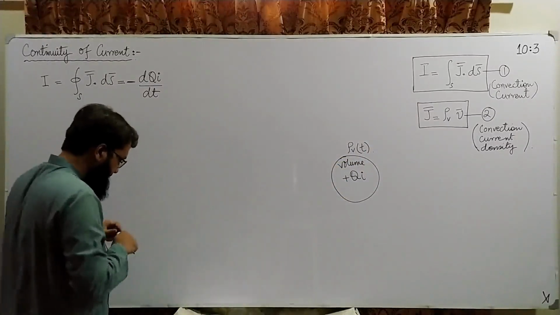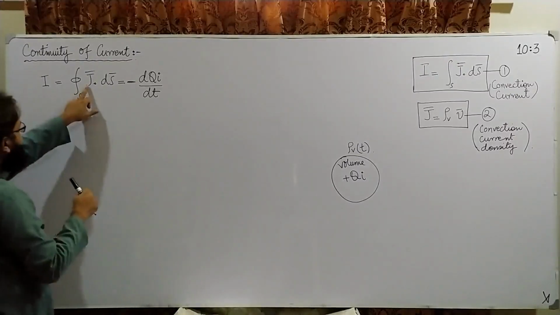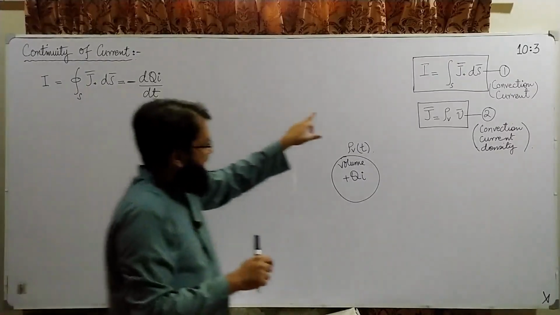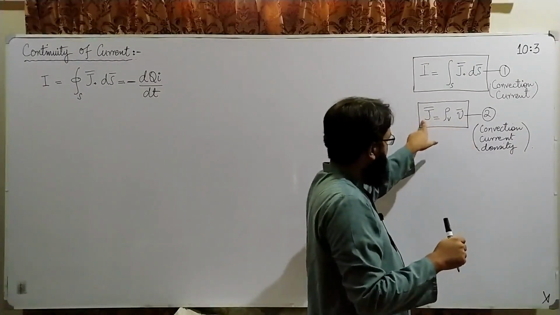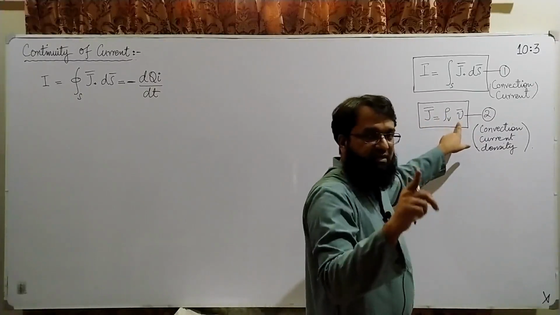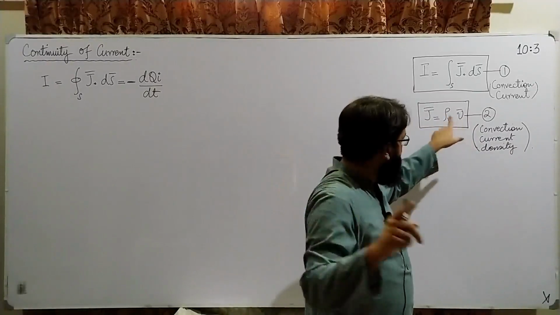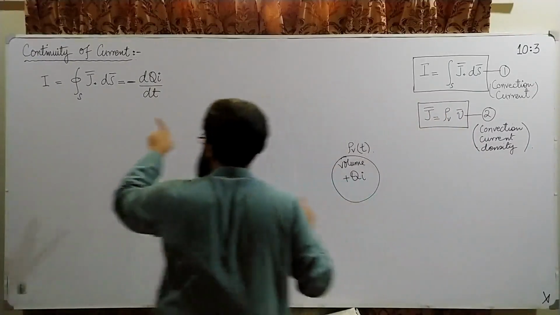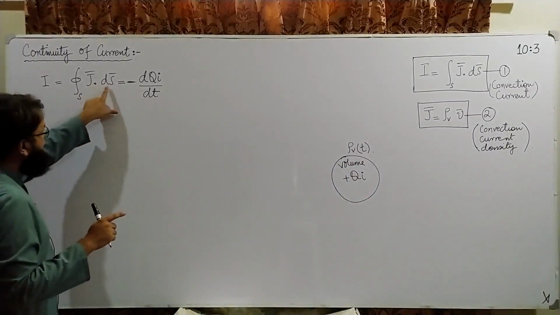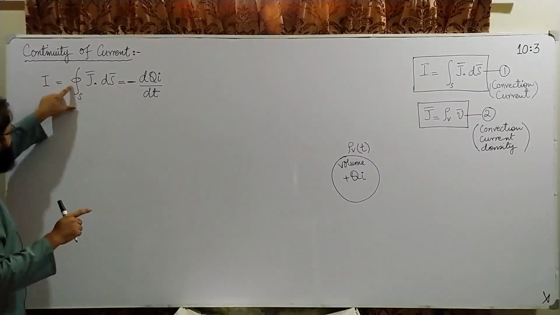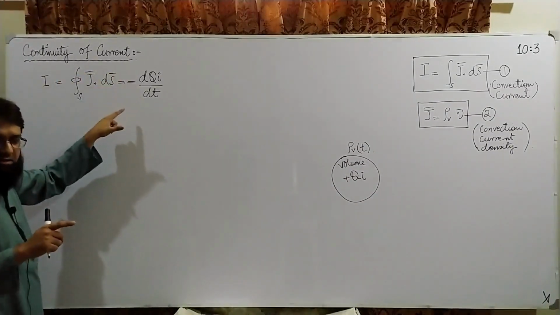All right. If that's the case, and now we have discovered that this J has got velocity in it, it means that J belongs to flux density kind of vector fields. All right, so this flux density type of vector field J is dotted with ds and is integrated over a closed surface. It means that it is Gauss's law.